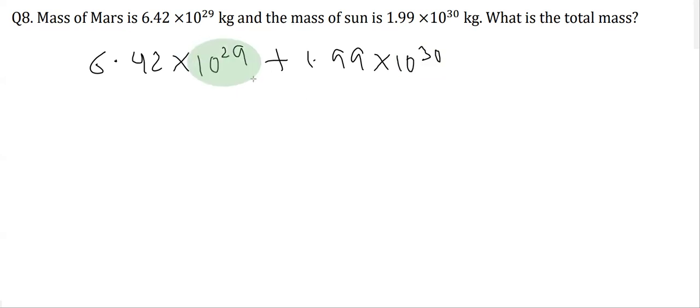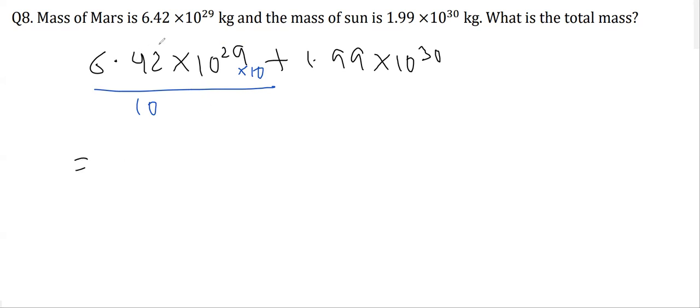I'm converting 10 raised to the power 29 into 10 raised to the power 30. This is possible if I multiply by 10 and divide by 10. Now you'll soon realize why I'm doing so.